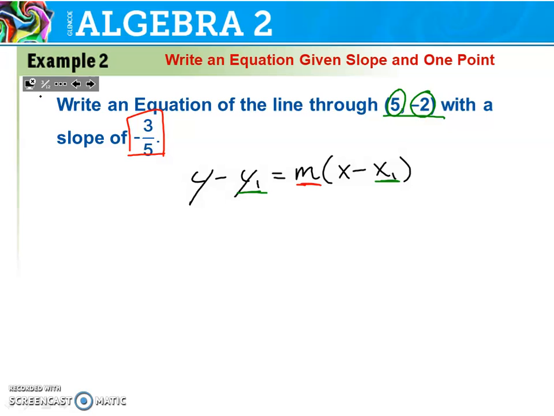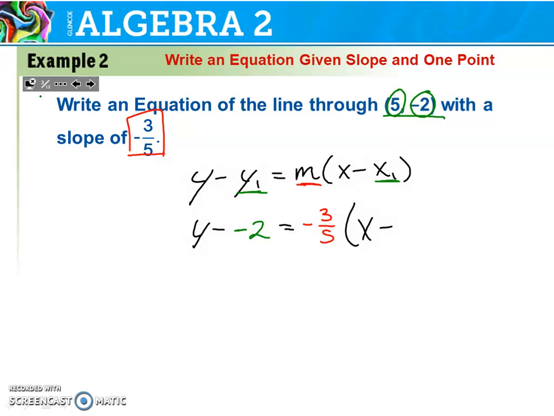So when you do that, you get y minus my y sub 1. That y sub 1 is a -2, so I've got y minus -2 equals my slope. My slope is -3/5 times x minus my x sub 1.